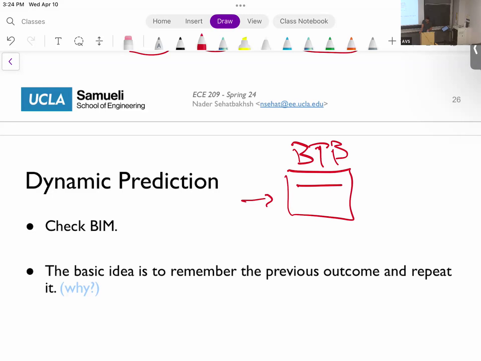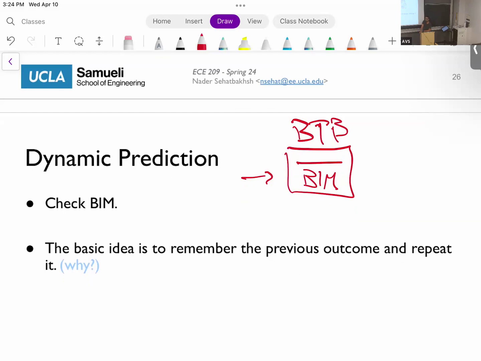If it's not there, you ask whether the BIM has any idea what this is, whether this is a conditional branch or not. The BIM is just a simple table that remembers what we did last time, 0 or 1, one bit. We're basically saying that if the last time the branch was taken, very likely this time it's going to also be taken, okay?